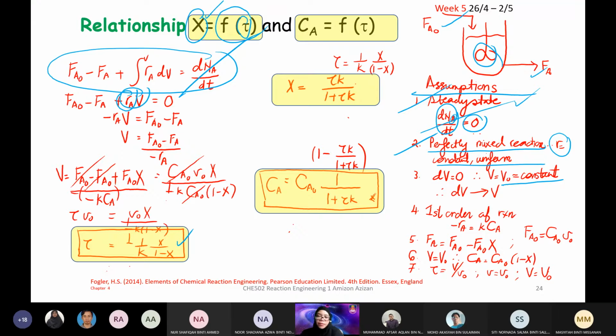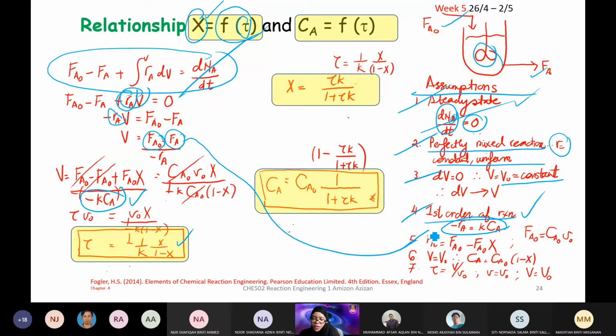So now it becomes rA times V for the generated rate of reaction in the reactor. Then we need to know whether it's first order. Let's say you assume first order, so that is the equation that you plug in. Then we express FA0 and FA.